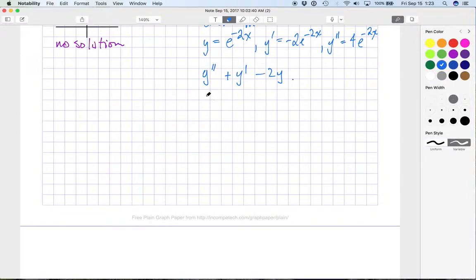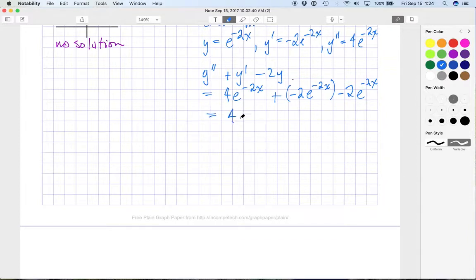We get that y double prime, 4e to the negative 2x, plus y prime, so that's plus negative 2e to the negative 2x, minus 2 times y, 2e to the negative 2x. Where are we at now?